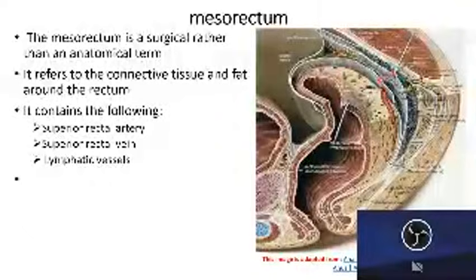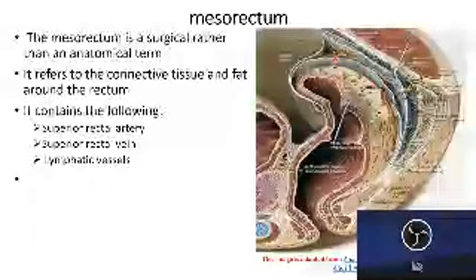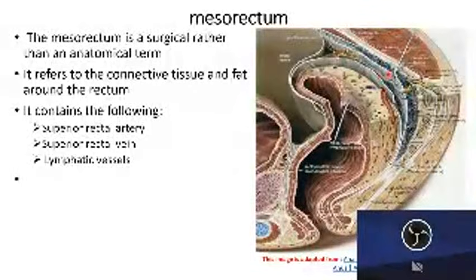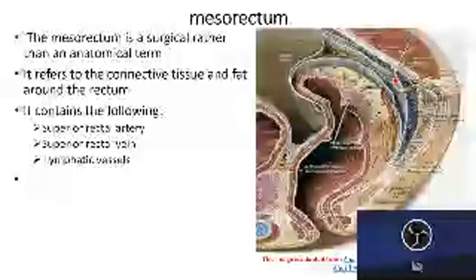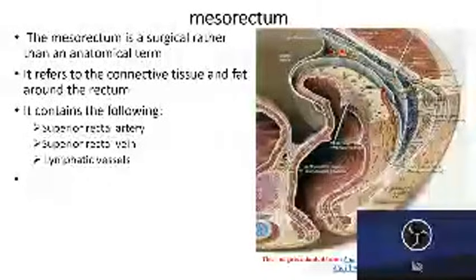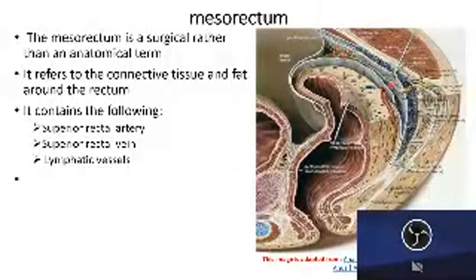The avascular plane lies between the mesorectal fascia and the presacral or anorectal fascia. And we can see a collection of nerves forming a plexus around this, which is the hypogastric nerve.